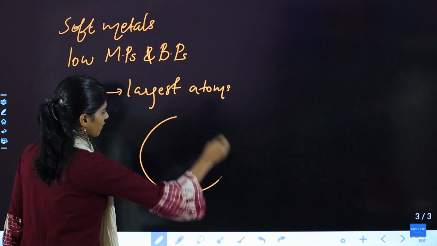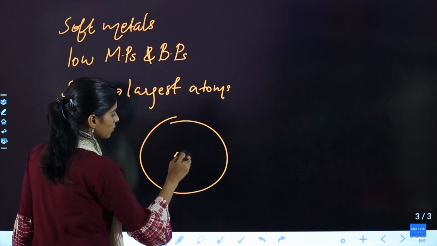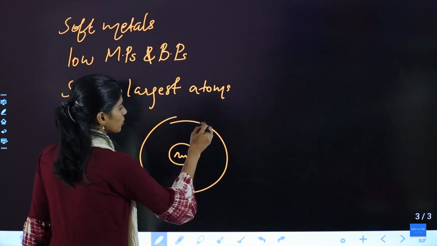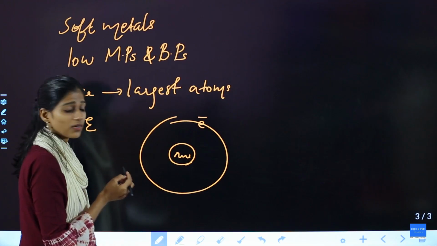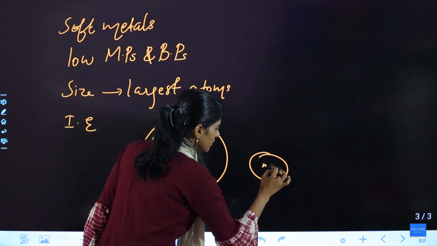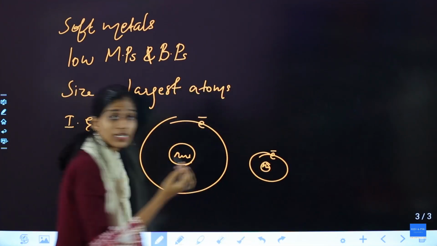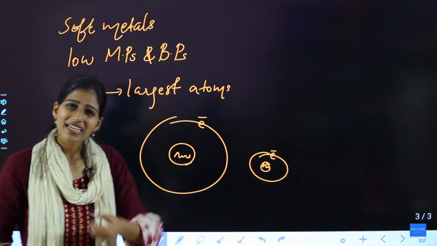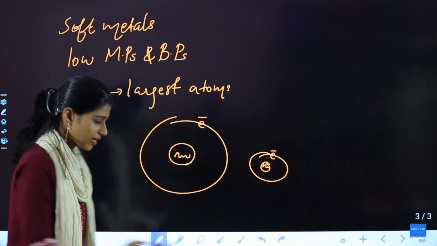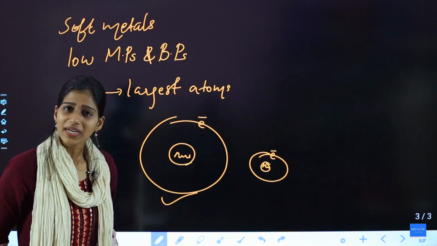Consider a bigger atom, this is your nucleus, and you have an electron here. Consider a small one, this is a nucleus and you have an electron here. Which electron can be easily taken? The first one, right? Why?